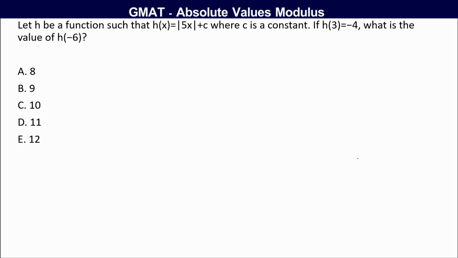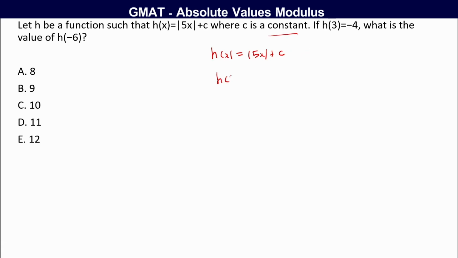Let h be a function such that h of x is equal to mod of 5x plus c, where c is a constant. If h of 3 is minus 4, what is the value of h of minus 6? So, h of x is equal to mod of 5x plus c, c is a constant.